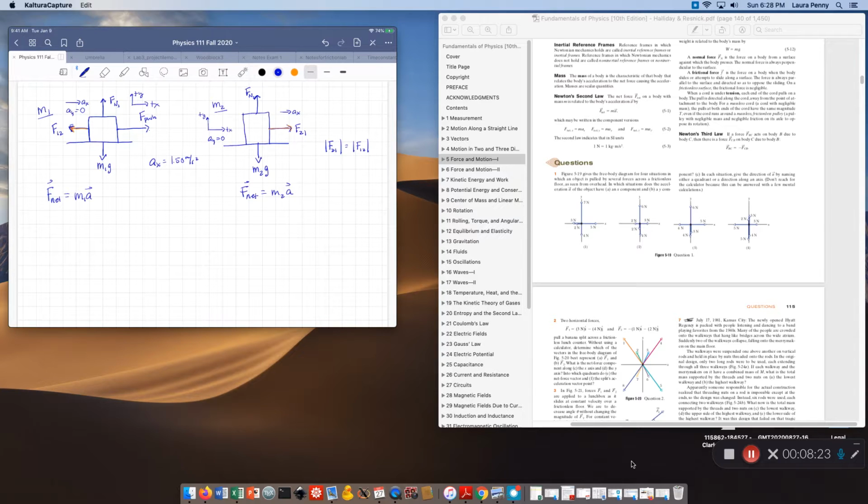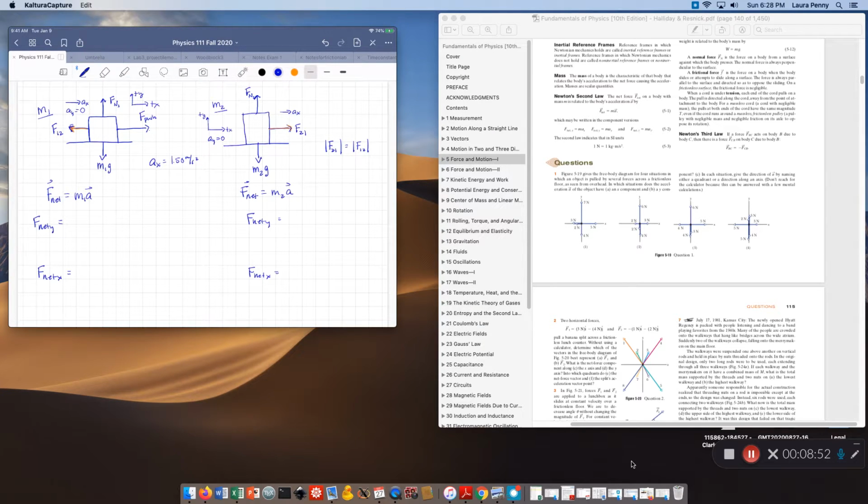And so again, these really turn into F net y and F net x.